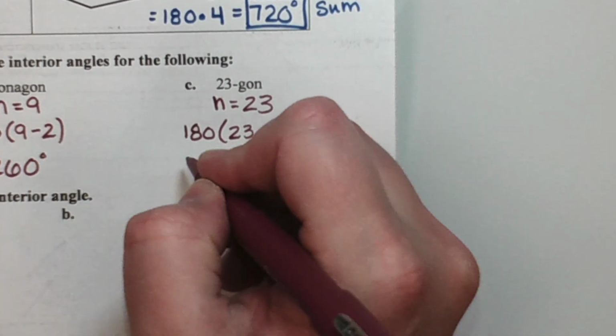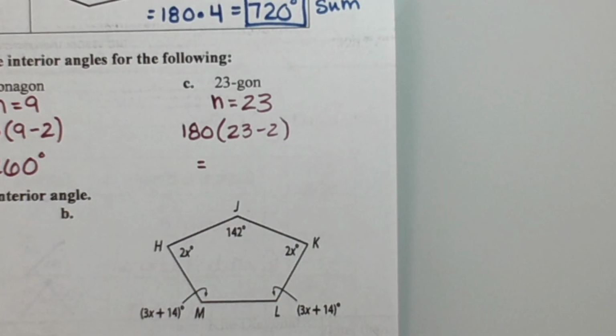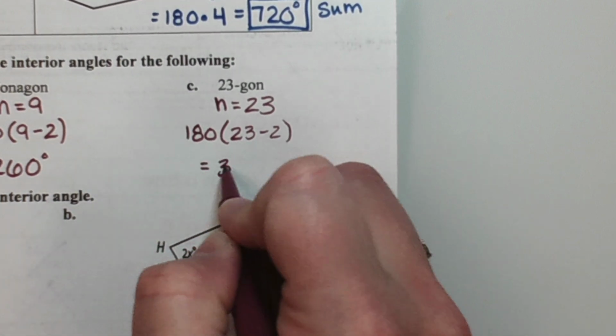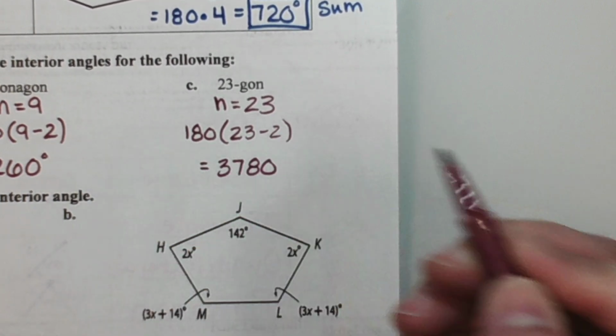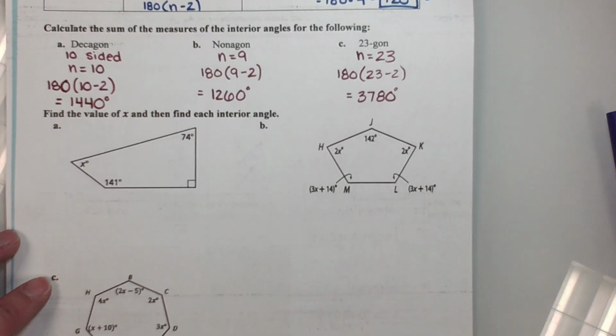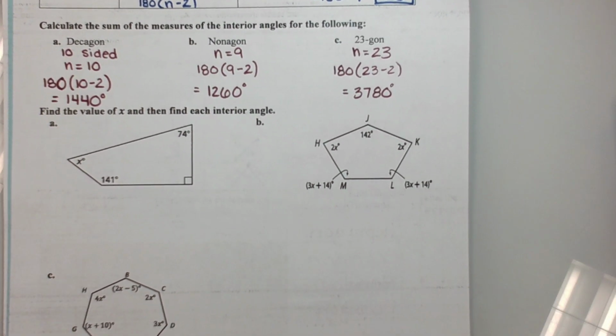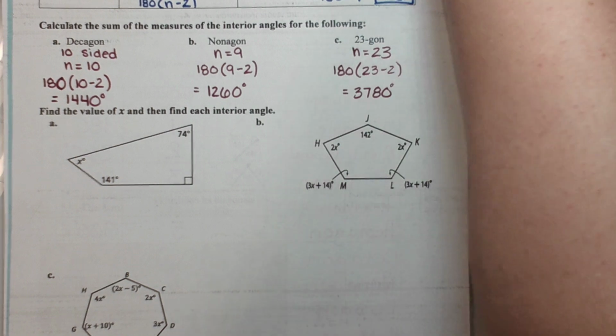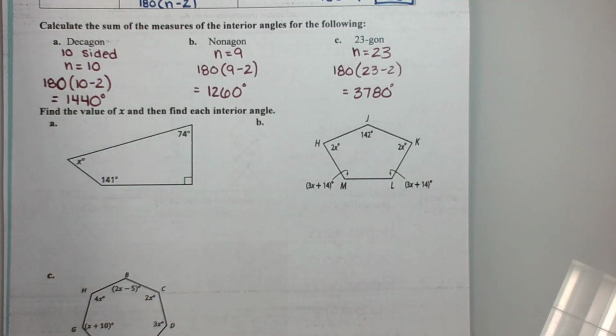Aaliyah, what do we get? 3,780. So, interior angle sums are going to get bigger as the polygons get bigger. So far, nothing too scary. I hope.